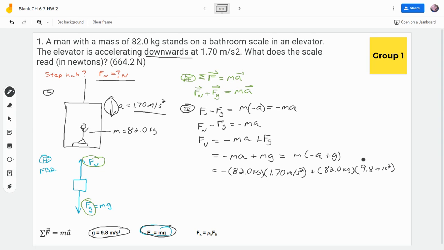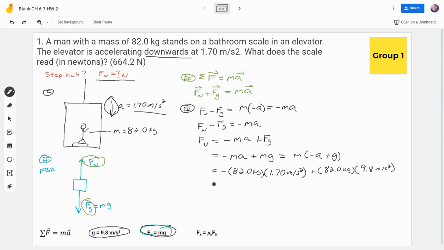Well, how is g a positive number? Isn't gravity down? Well, yes, gravity is down, but we've already accounted for the downness of gravity right at this point. When we took the hat off of F sub g, that's when we made gravity down. So we did it once. You don't want to accidentally do it twice because then that would be a double negative. You'd make it a positive.